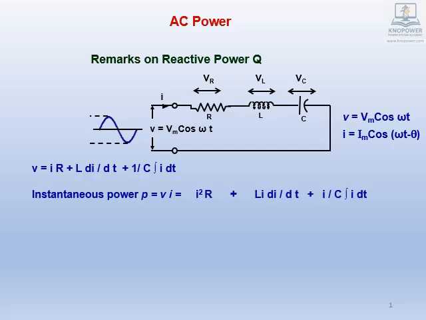Instantaneous power P equals V into I equals I square R plus L i di by dt plus I by C integral I dt.